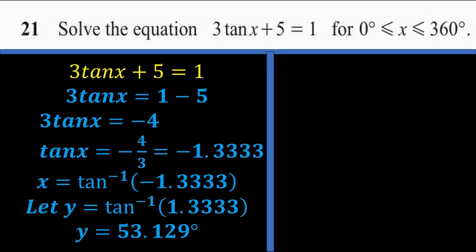And then it's negative. And so if it's negative, it means that the angle we are looking for is either in the second quadrant or in the fourth quadrant. I've also made a video.